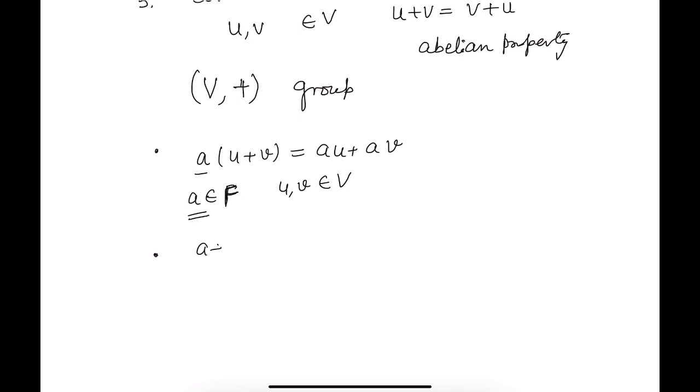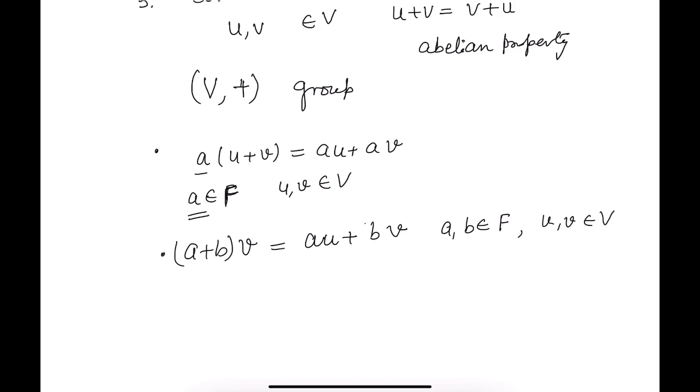The next property is (a plus b)u equal to au plus bu, where a, b are members of field F and u, v belong to the vector space V. That means a and b are scalars and u and v are vectors.